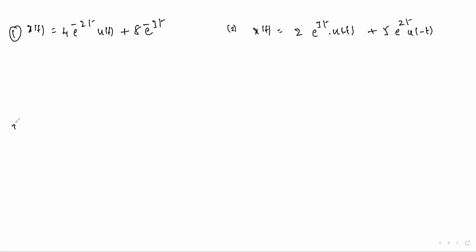Next, third one: x of t is equal to 3 e to the power of minus 2t u of t plus 5 e to the power of 3t u of minus t.